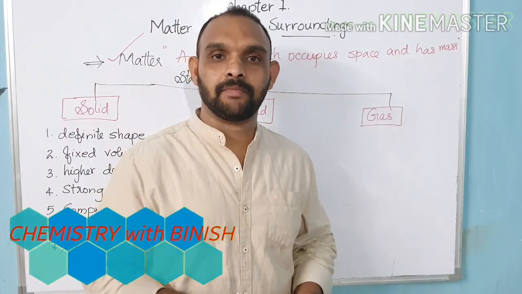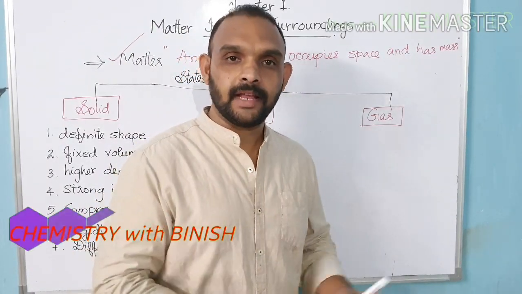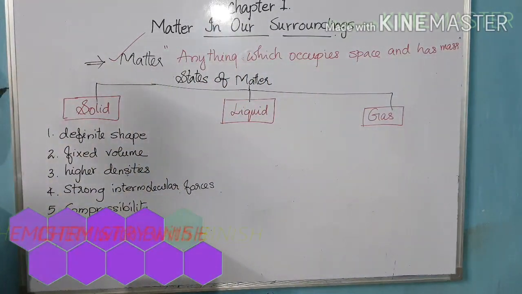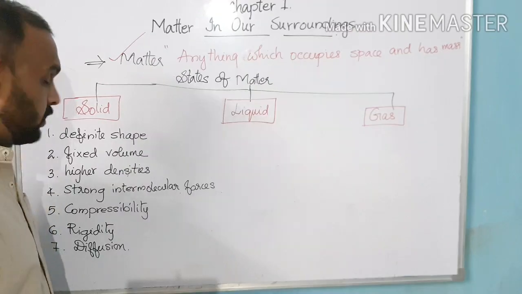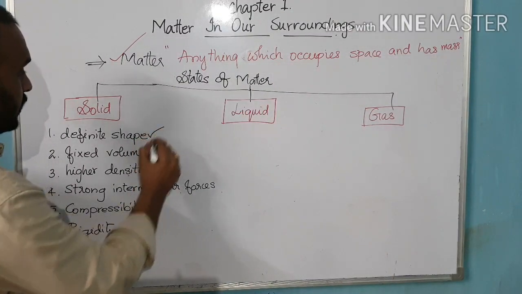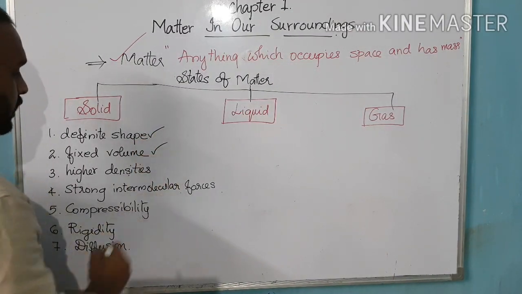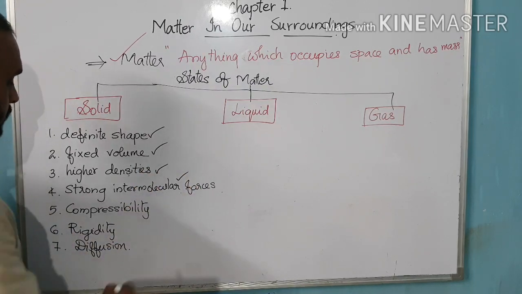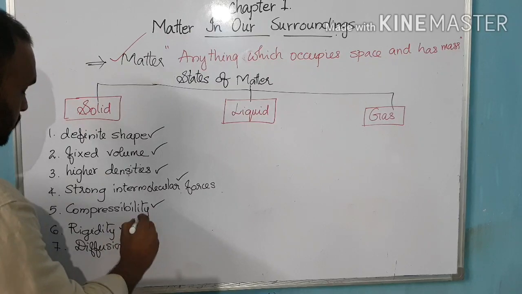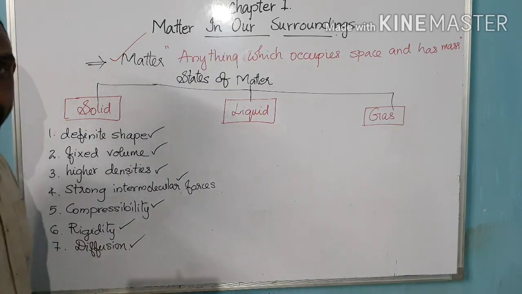We can differentiate them by their properties. Let's see what the properties of solids are. You can see 7 properties of solids. What are they? Definite shape, fixed volume, higher densities, strong intermolecular forces, compressibility, rigidity, and diffusion.